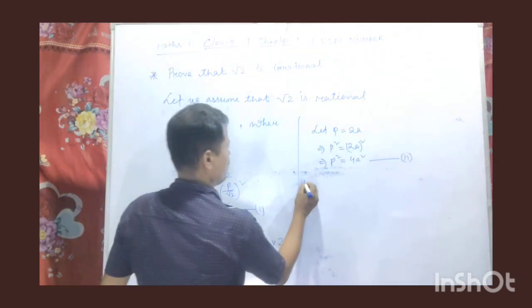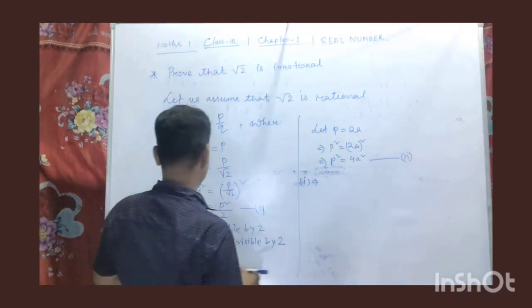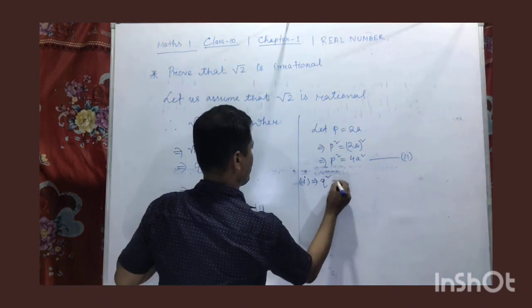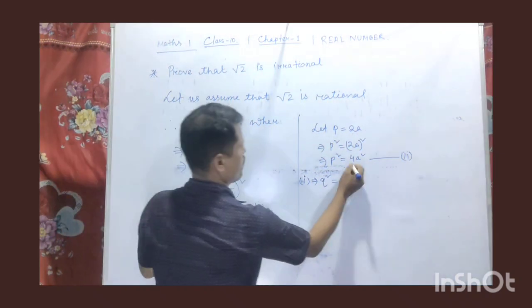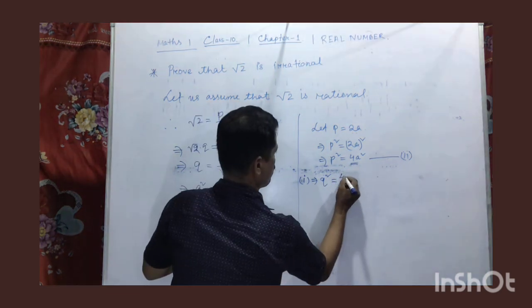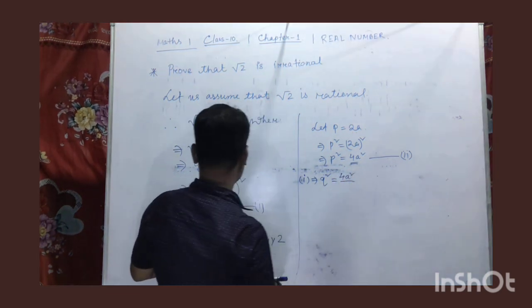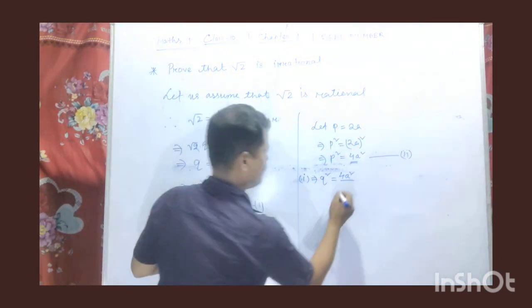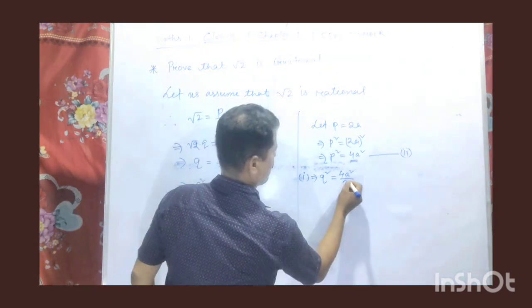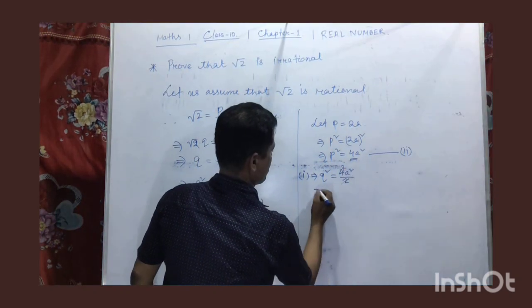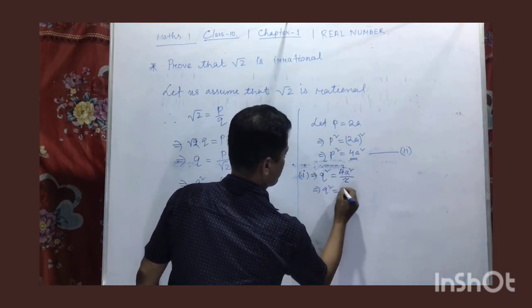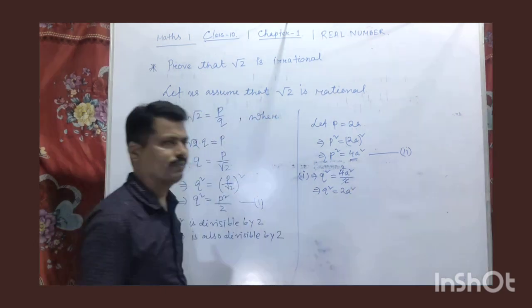So from 1 we get q square is equal to p square value divided by 2. P square value is 4a square, so we put 4a square here and divide by 2. 2 in 4 how many times? 2 times. Then q square is equal to 2a square.